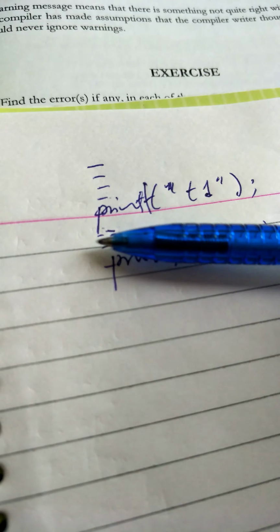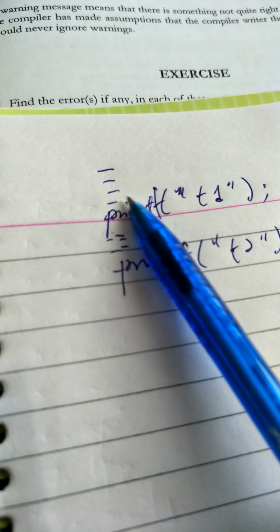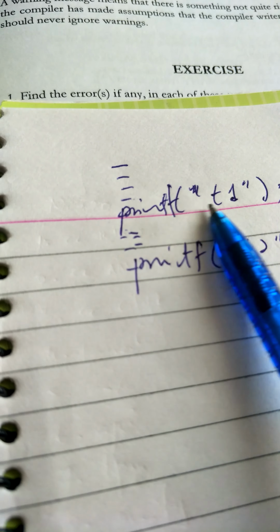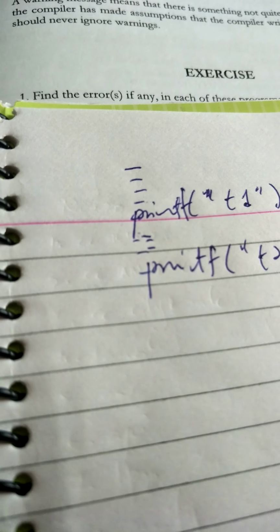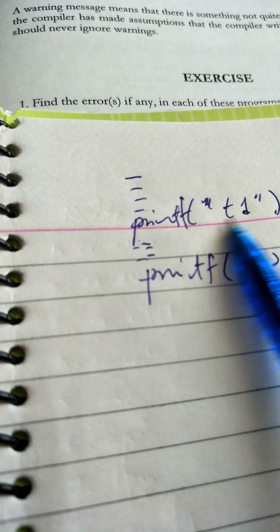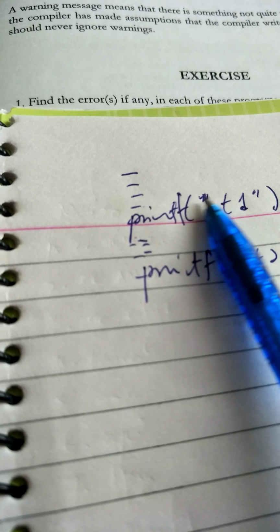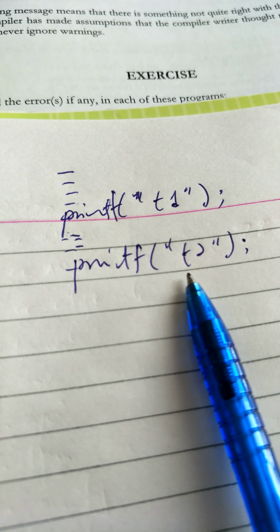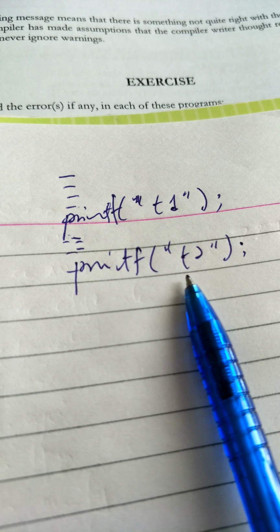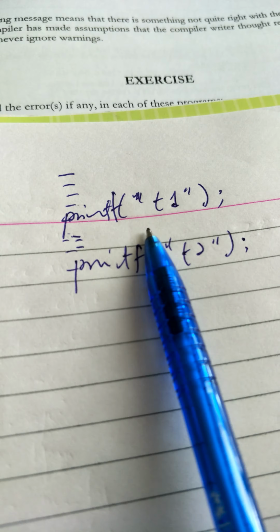So when you run the program, normally this print T1 comes up on your screen, but T2 does not come out. Which means the error comes from somewhere here.